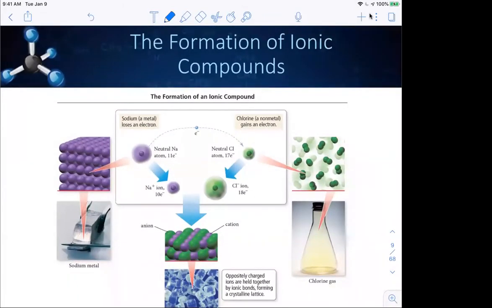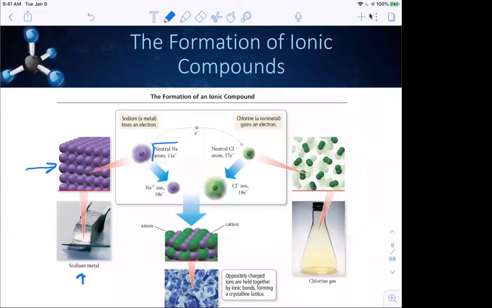If I have sodium metal, which is sort of a soft, buttery-like metal, I can actually cut sodium with a butter knife. What I have is this array of sodium atoms. Remember, my electrons are loosely held. They kind of circulate around those positive ions, or those positive nuclei.